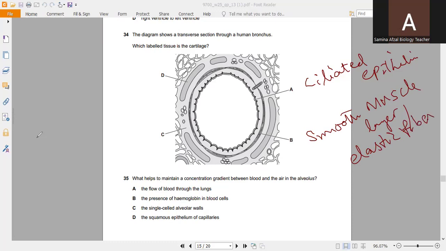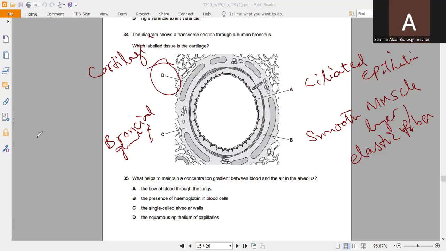And C is the bronchial glands, some mucosa you can say as well. So D is the cartilage. So D is the correct option.